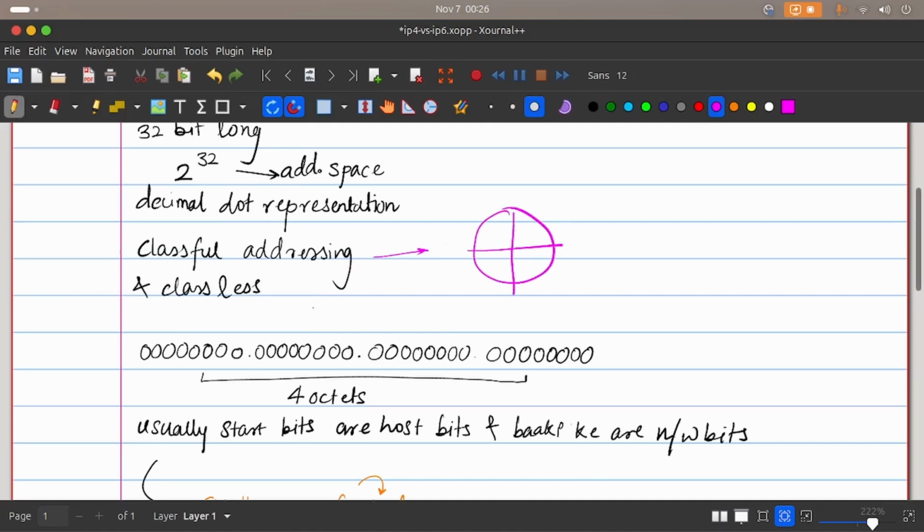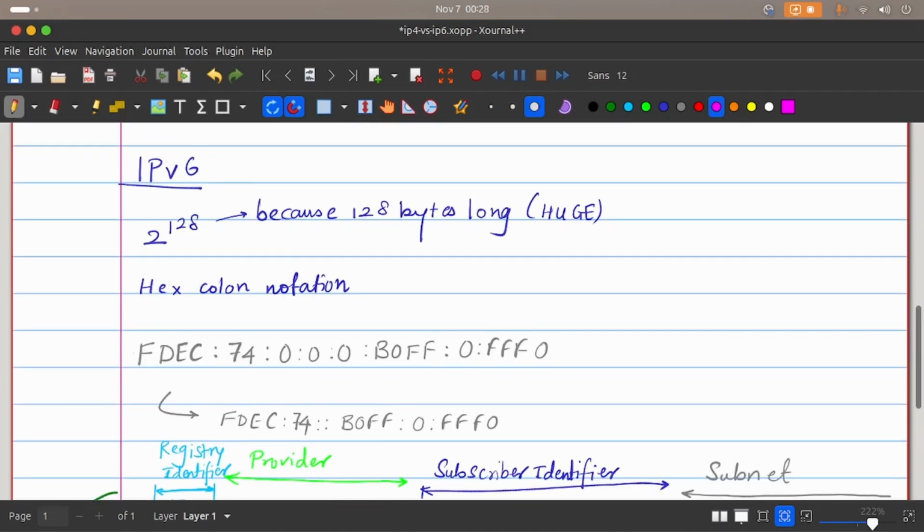A famous example a very prominent professor gave us is to consider the network as a cake, with classful addressing cutting pieces of that cake. Whereas in supernetting, we combine two or more IP addresses to form a single network instead of dividing the address. Move on to IPv6.